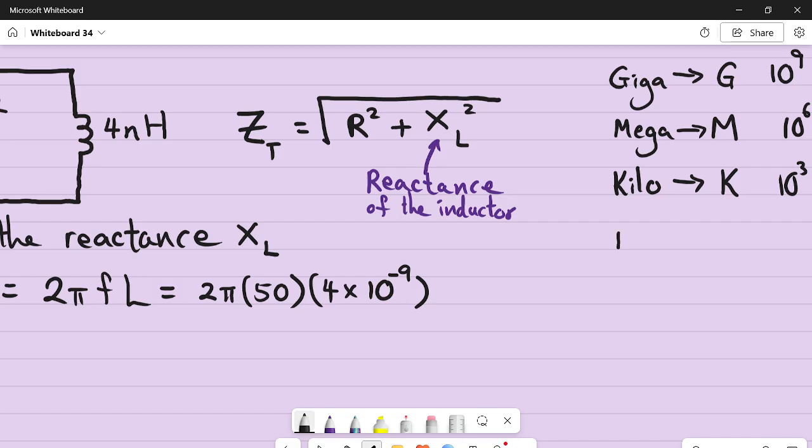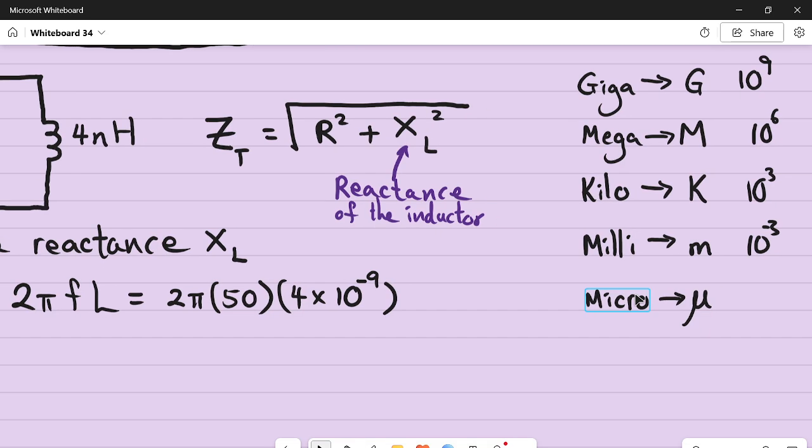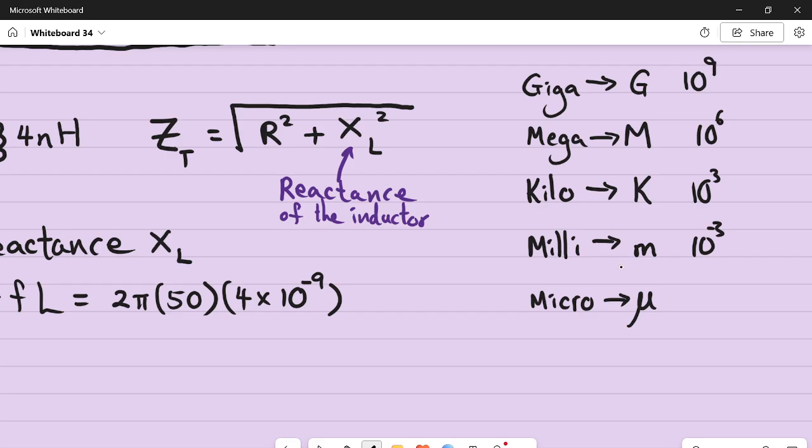So now we go to milli, which is little m, 10 to the power minus 3. And then micro, which is the mu, or sometimes because people typing don't have a mu sign, they use a u.